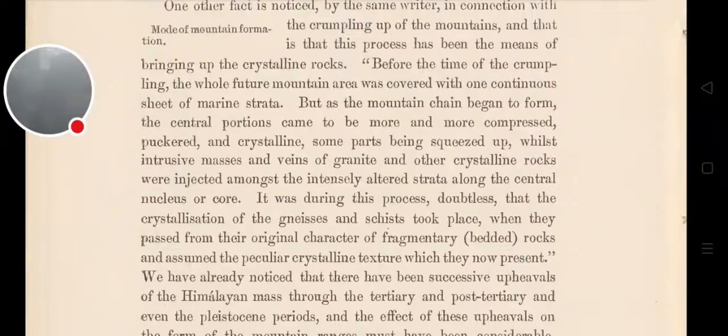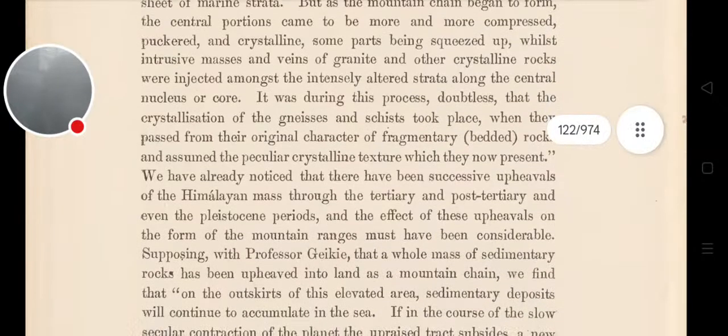But as the mountain chain began to form, the central portions came to be more and more compressed, puckered, and crystalline, some parts being squeezed up, whilst intrusive masses and veins of granite and other crystalline rocks were injected amongst the intensely altered strata along the central nucleus or core.